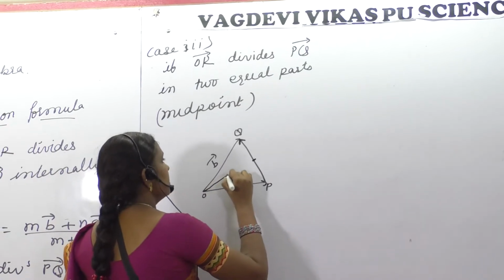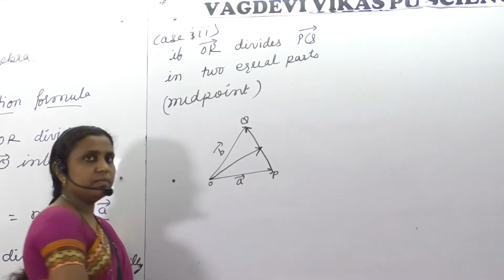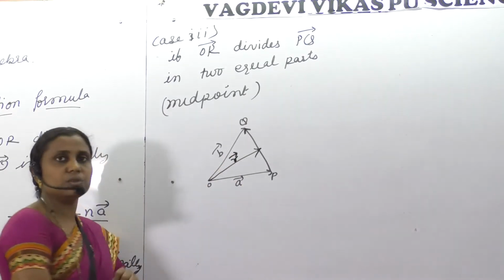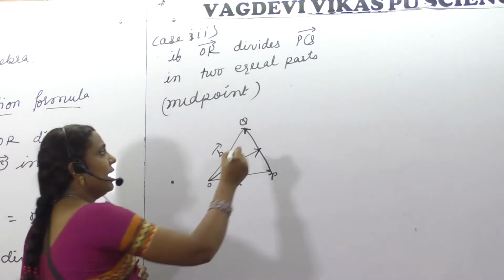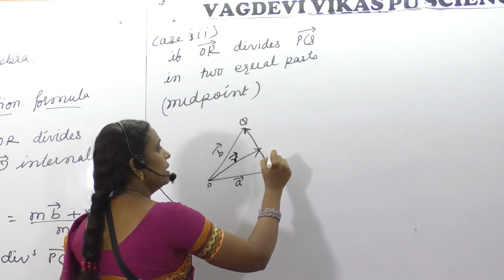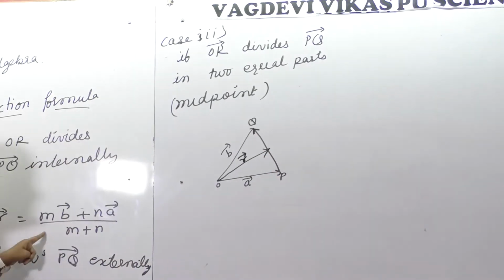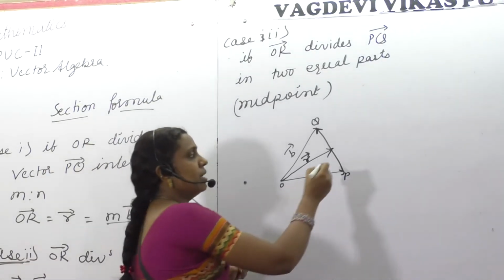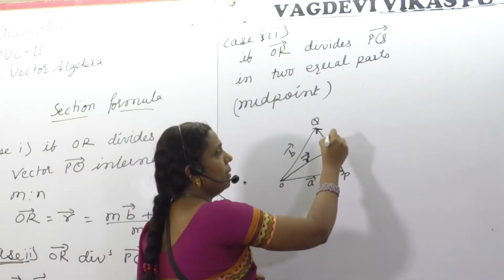Okay. Then what will be the R? This is the question. As you know, exactly half means, what was the thing we took in the case of internally section formula? If it becomes internal section formula, then m and n.